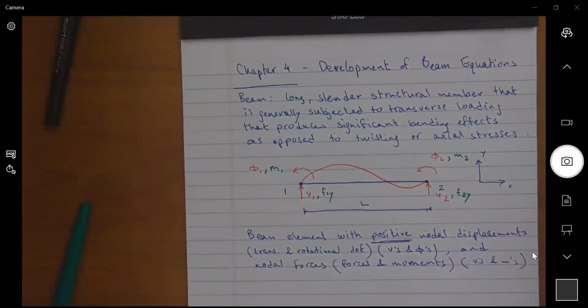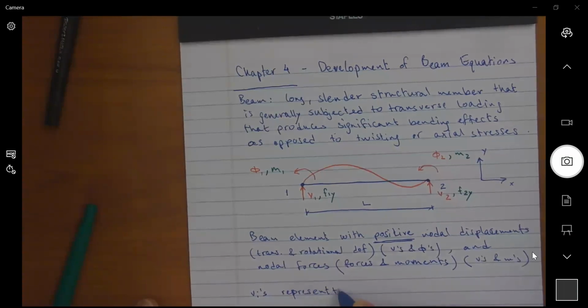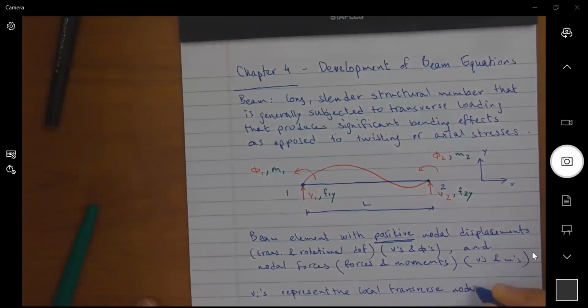So the v_i's here would represent the local transverse nodal displacement.